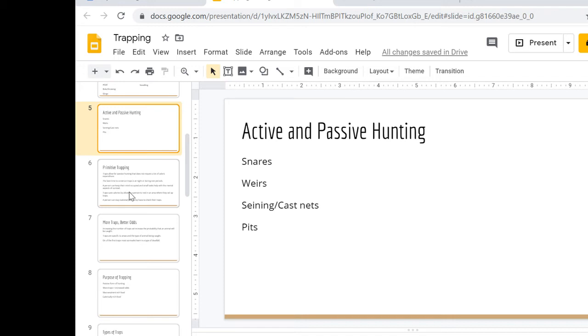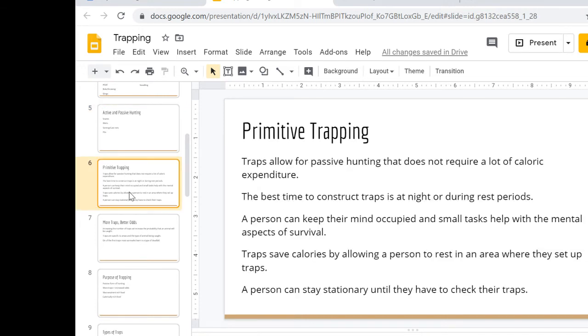It needs to be square right angles so that they fall into the pit. The top of the pit is covered, just like you see in the movies. You run them towards it, and then they fall in it. That can be done actively, but it can also be set up passively. But you've got to be careful with pits, because you could get trapped in it yourself if you forget where you set up your pits.